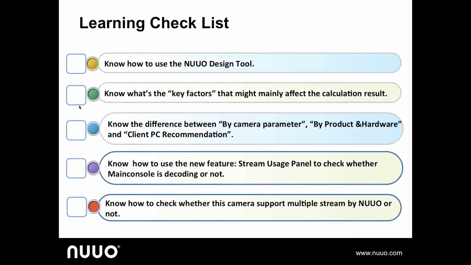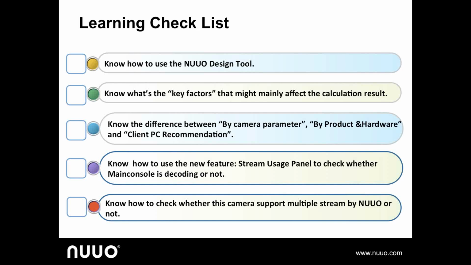Okay, and at last, here's the learning checklist. In this lesson, I would like all of you to know how to use the NUUO design tool and know what the key factors are that might mainly affect the calculation result.